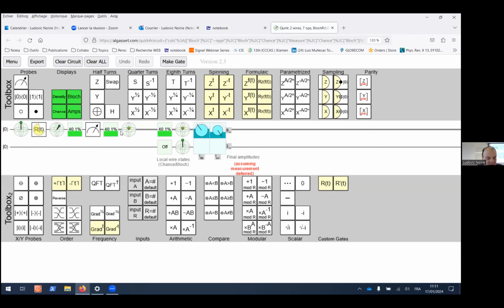You see that the change in the Bloch sphere representation is that the point stays on the z-axis, but it can be inside the ball, not on the sphere, because it is a mix of states that is 0 or 1 with a given probability. It's not a superposition in terms of inverse space anymore.